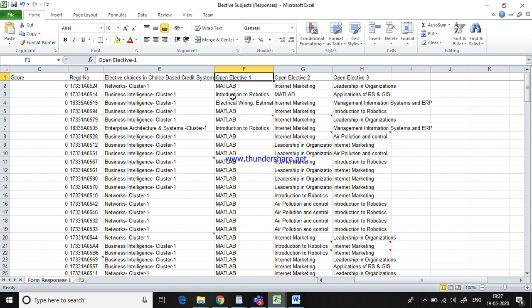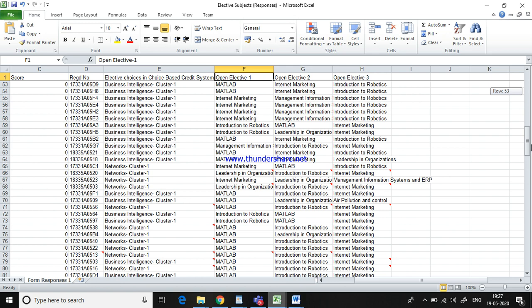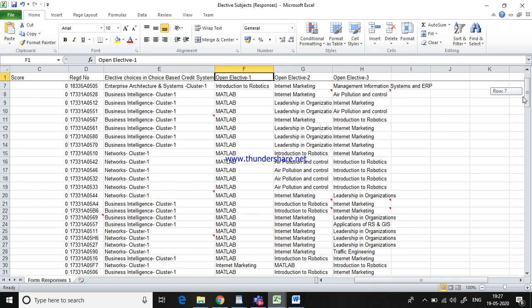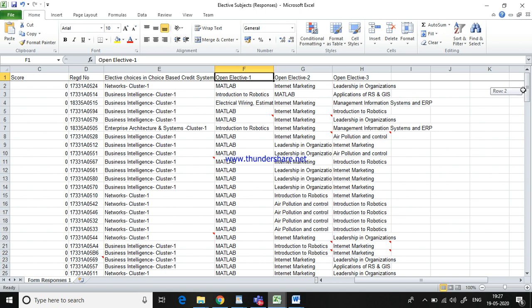Generally, the most preferred options in previous years are MATLAB, then internet marketing, then maybe leadership organization, and robotics. These are some of the preferred choices for the open electives.